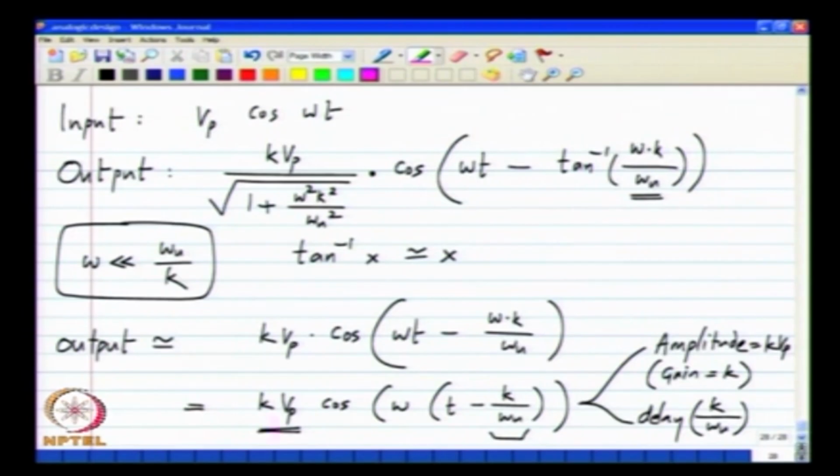When you do that, you simply see a gain of k and you also see a delay of k by omega u, okay. So, the sinusoid is not modified in any way, it is simply delayed. If you delay any signal, it will retain its shape. So, what you get for very low frequencies is almost ideal behavior, okay.